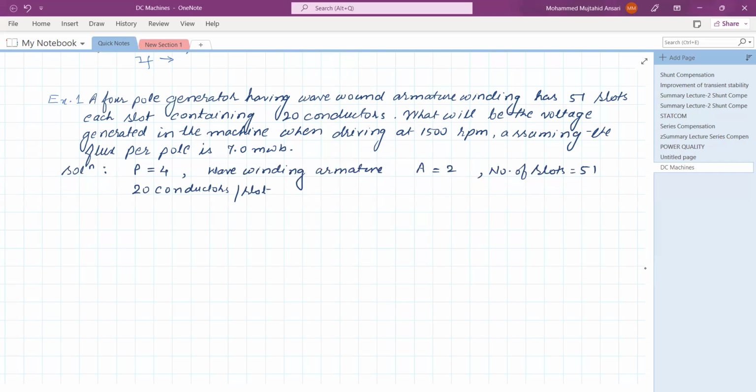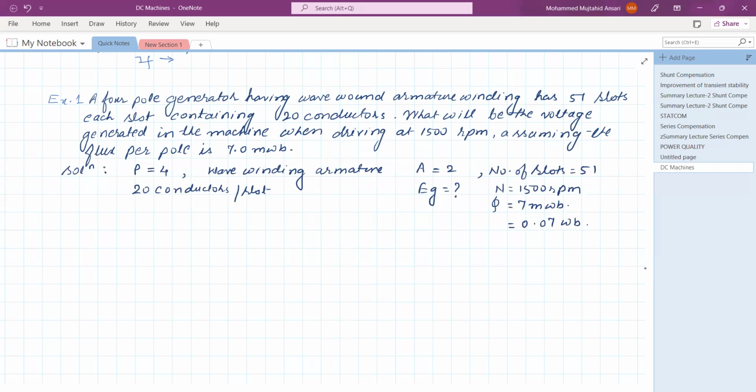It means we are going to calculate the EMF generated. The speed N is equal to 1500 RPM and the flux per pole phi is equal to 7 milliweber, which is equal to 0.07 Weber.